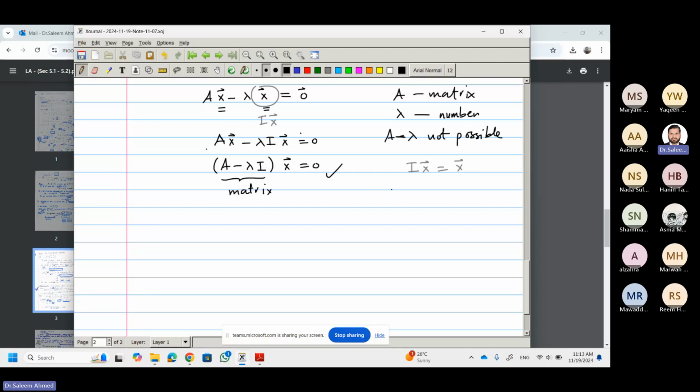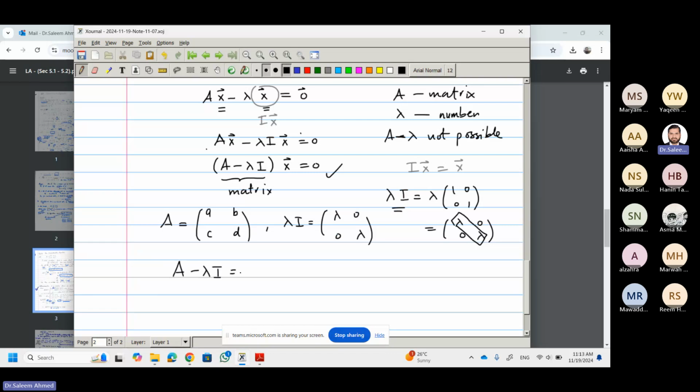Okay. And what is A minus lambda I? You see, I is 1001. So lambda I will become lambda 0 0 lambda. So lambda I is a matrix which has lambda on the diagonal. That's it. If I have A as, let's say, a, b, c, d, and lambda I has become lambda 0 0 lambda, then A minus lambda I becomes a minus lambda, b minus 0, c minus 0, and d minus lambda.